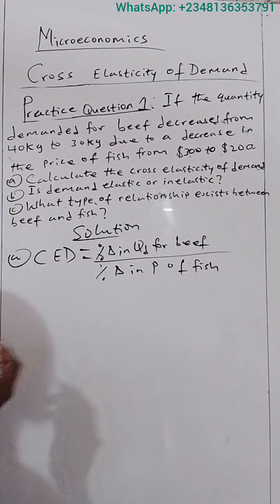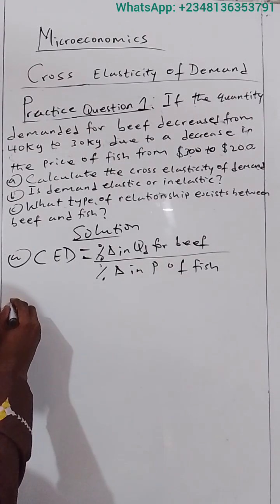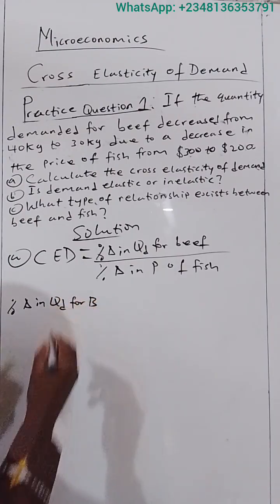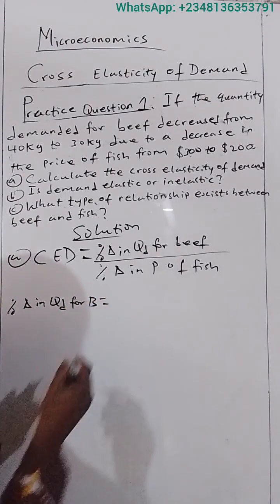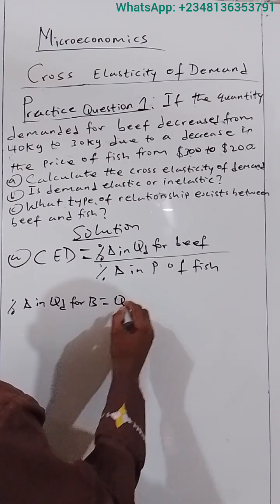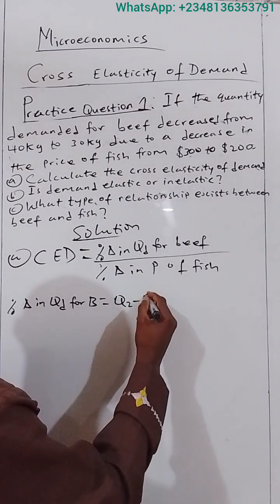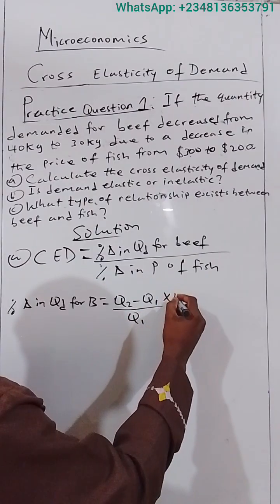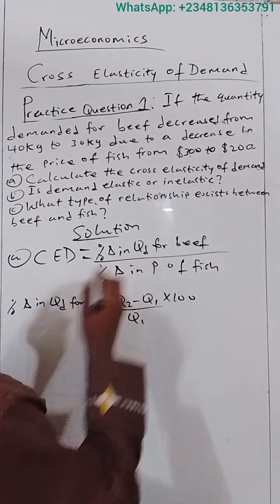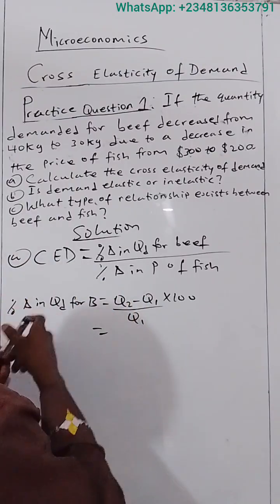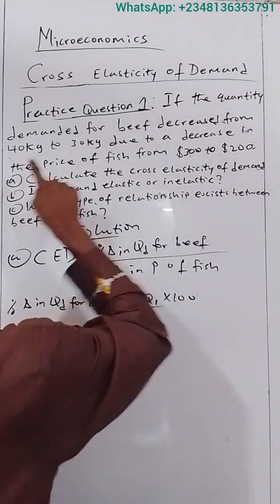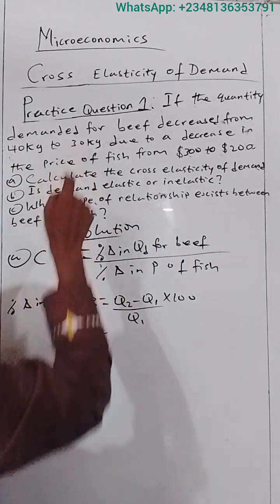Now let's calculate the percentage change in quantity demanded for beef. It is equal to the new quantity demanded minus the old quantity demanded, divided by the old quantity demanded, multiplied by 100. From this question, the new quantity demanded is 30 kilogram, a decrease from 40 kg to 30 kg.